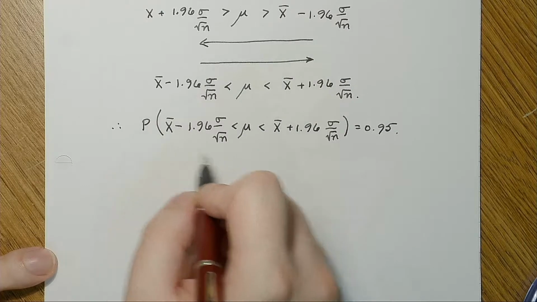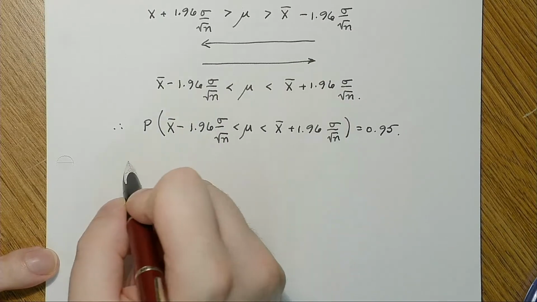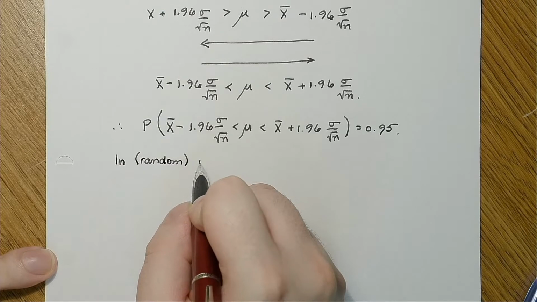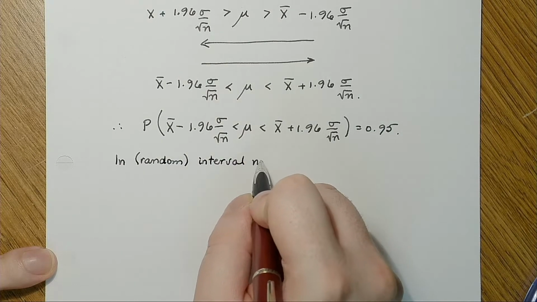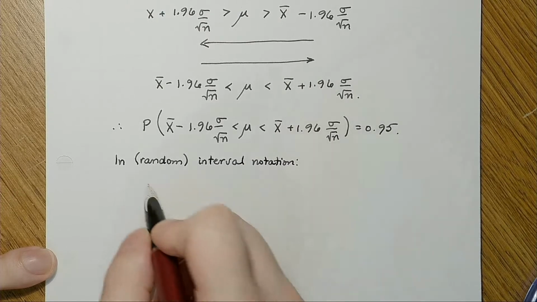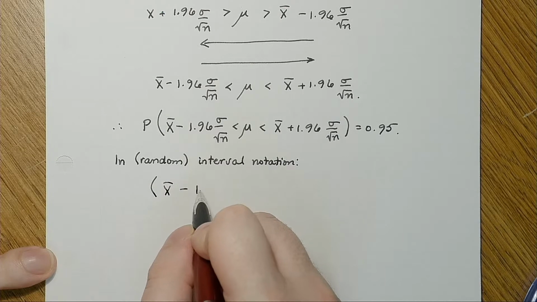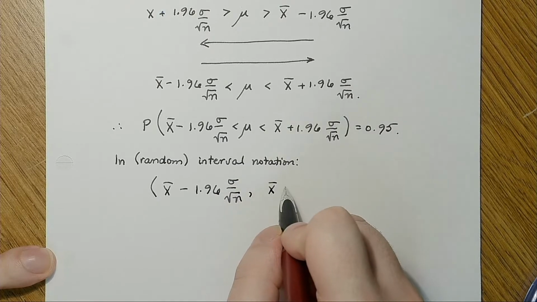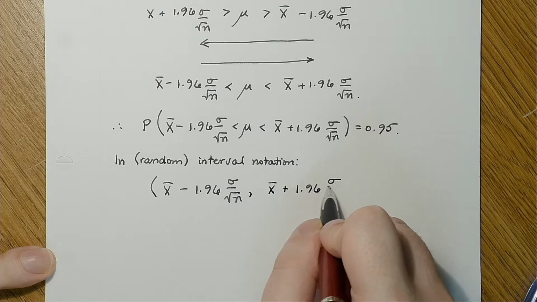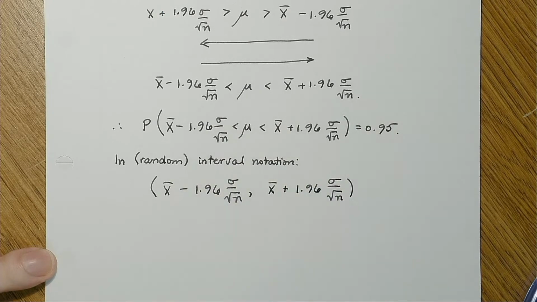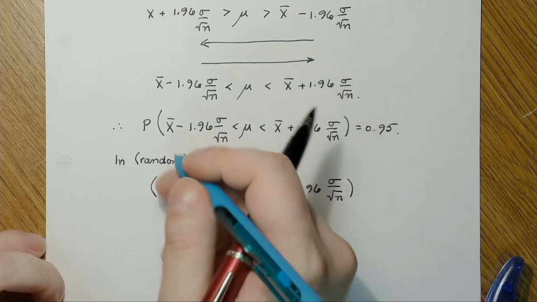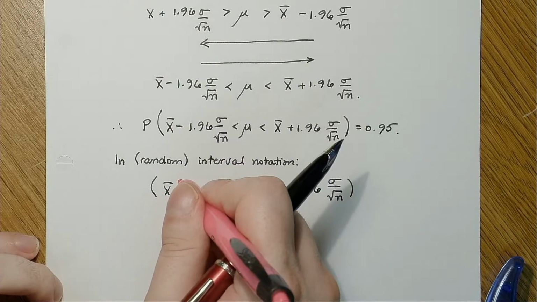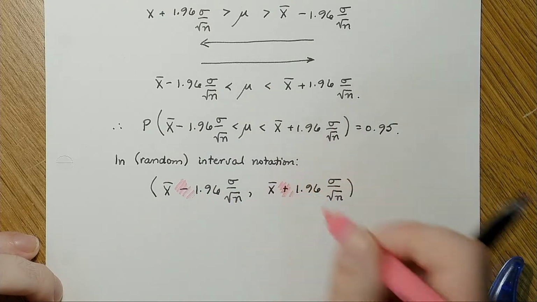So in random interval notation, you can think of it as x bar minus 1.96 sigma over square root of n, comma, and then the plus. So they're very similar, except for right here. That's just the difference. Okay.